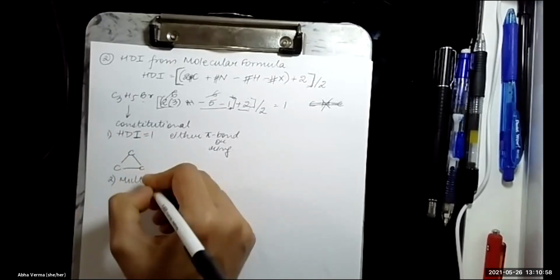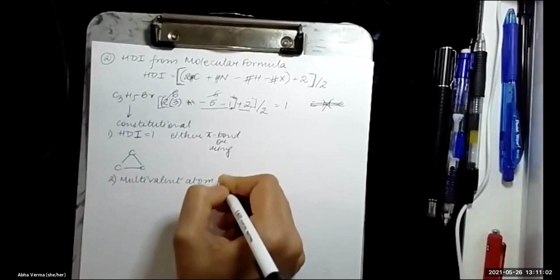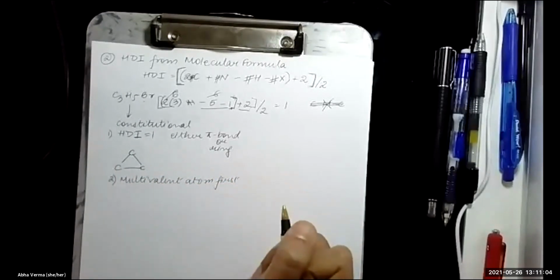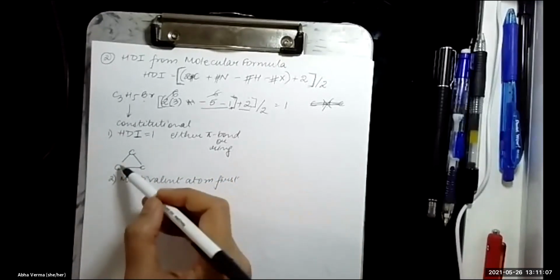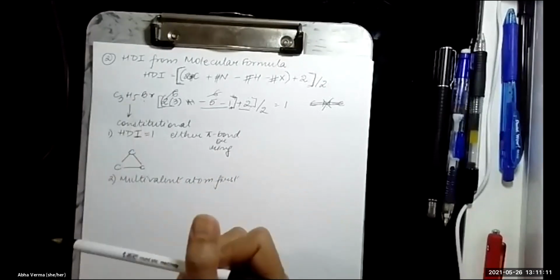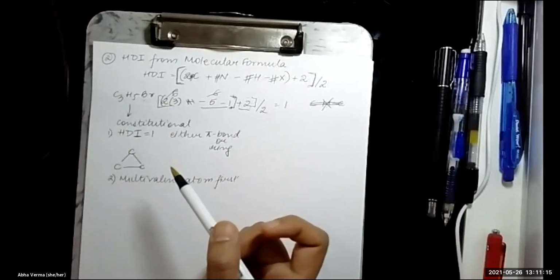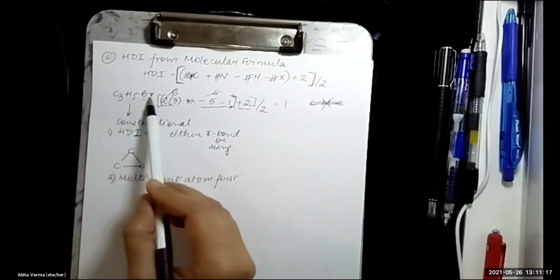Draw the multivalent atom first. And then I've drawn all that. What is my next multivalent atom? There are no other. Now I'm going to just fill in my univalent atoms.